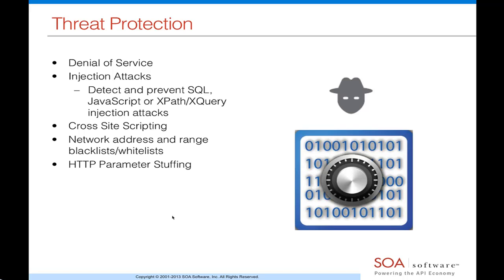And then HTTP parameter stuffing: a lot of hackers have now started overloading the parameters on HTTP, and if you don't take the necessary steps, they can confuse your server, lead to buffer overflows, and that can lead to compromising your backend. So you need to put in some measures to protect against HTTP parameter stuffing as well.